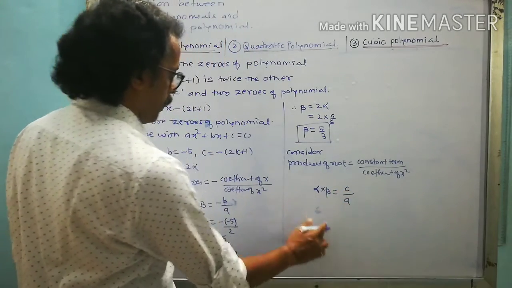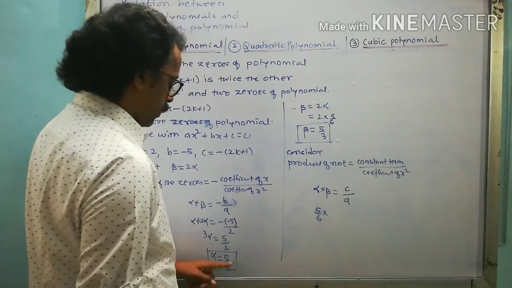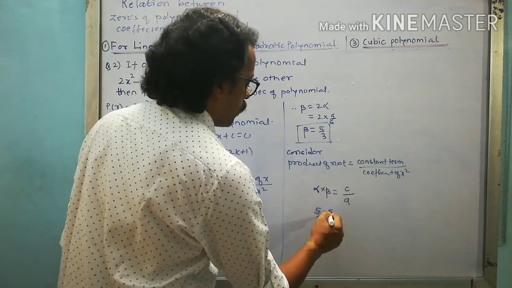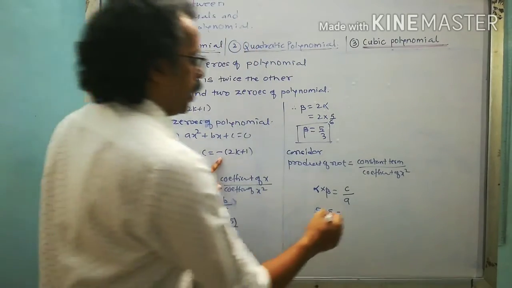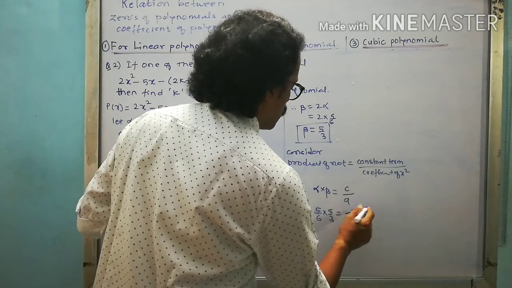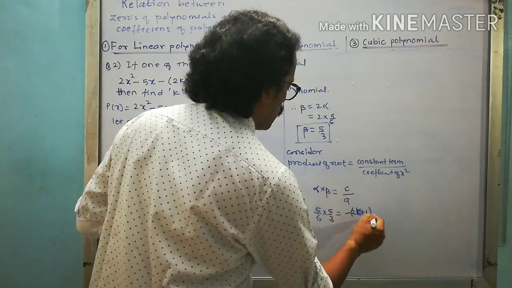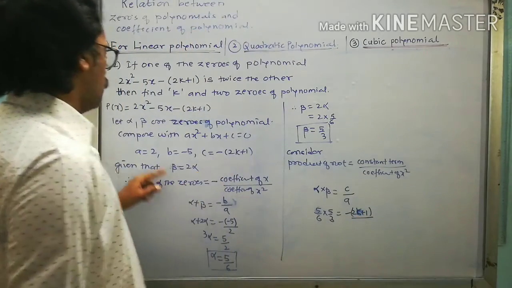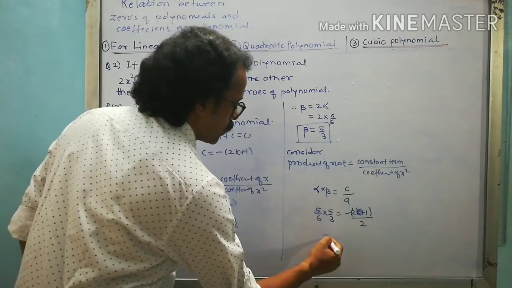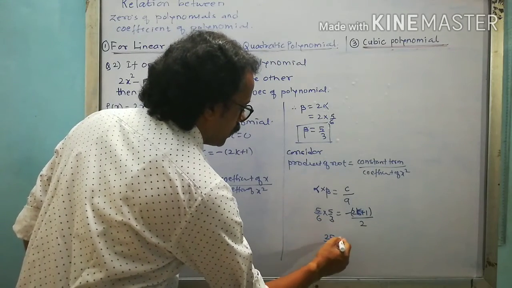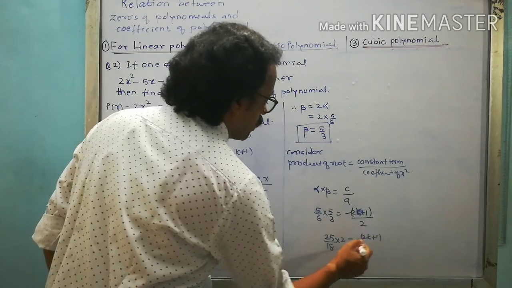So alpha we have got 5 upon 6, beta we have got 5 upon 3, is equal to c, which is minus of 2k plus 1, upon a, that is 2. So that is 25 upon 18 into 2 is equal to minus of 2k plus 1.